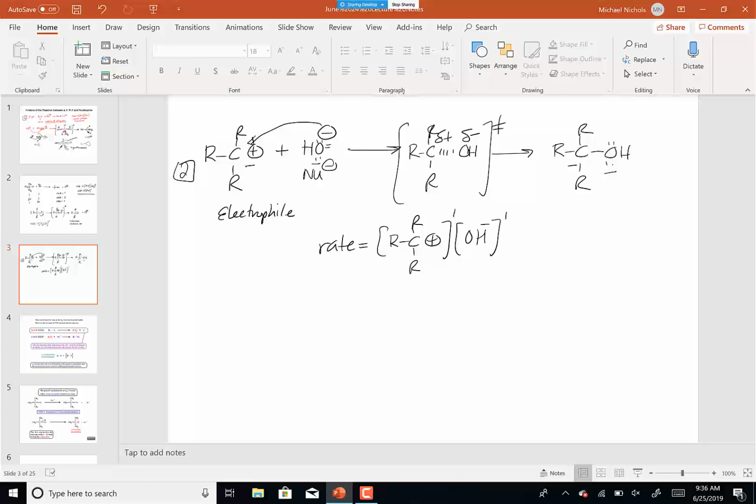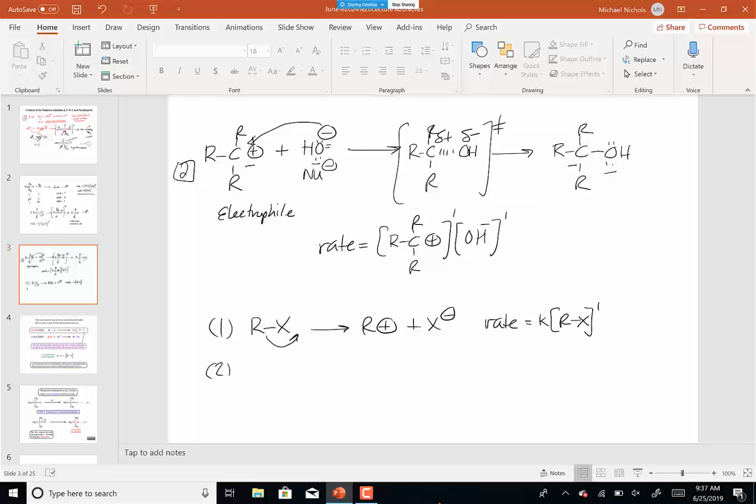So I now have 2 steps in my mechanism. The first mechanistic step is to break the carbon-halogen bond to form the carbocation. And I'm simplifying it here. But that's the first step. And in this rate equation, the rate's dependent on the concentration of the alkyl halide to the first power.